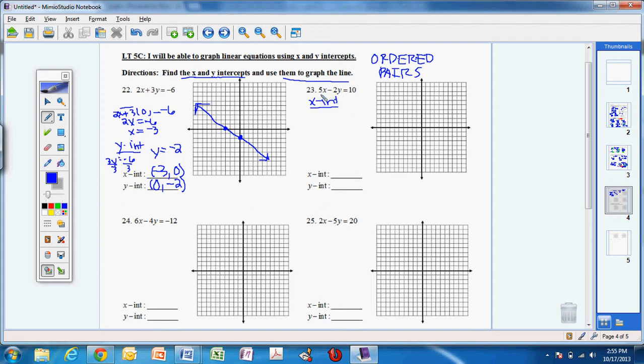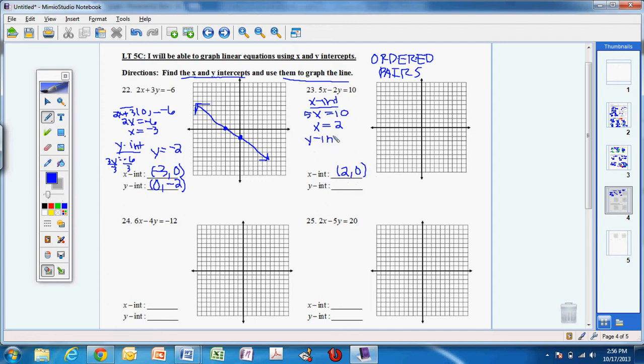On our x-intercept, that's the x value when y is 0. So if y is 0, my negative 2y is going to go away, and I'm left with 5x equals 10. Simplifying, dividing by 5, 10 divided by 5 is just going to be 2. So as an ordered pair, I'm going to have 2, 0.